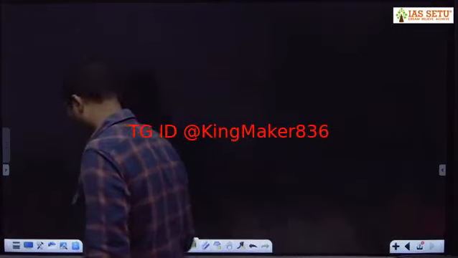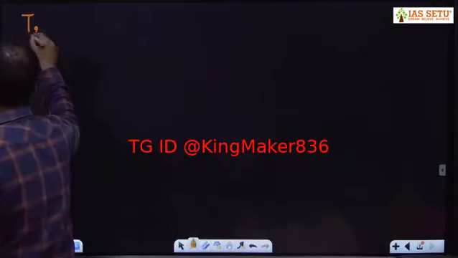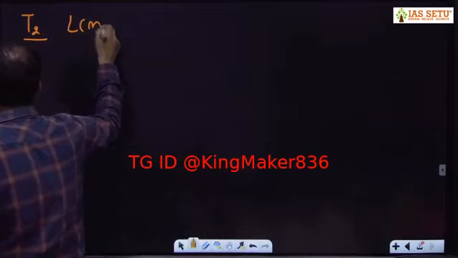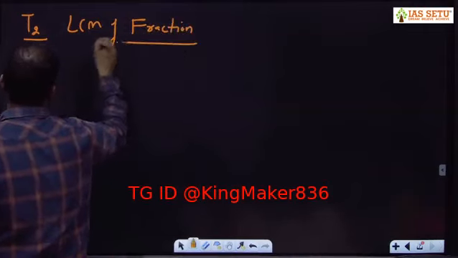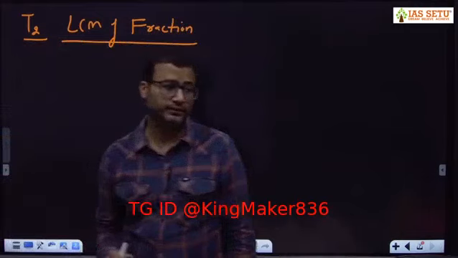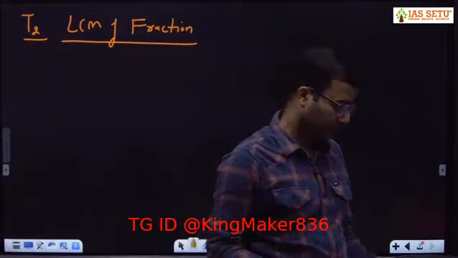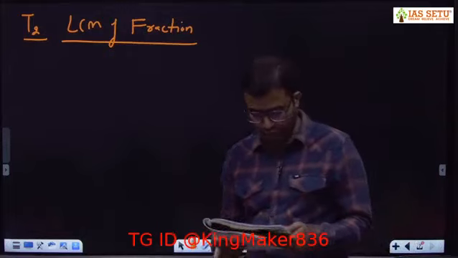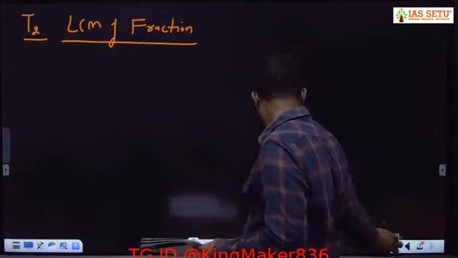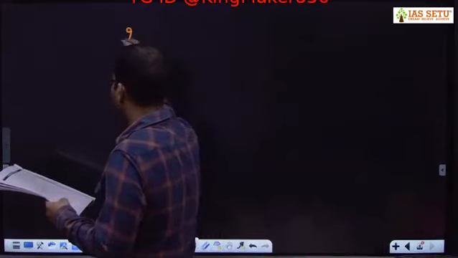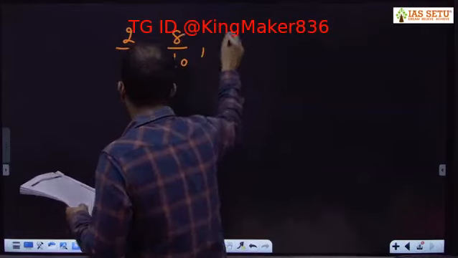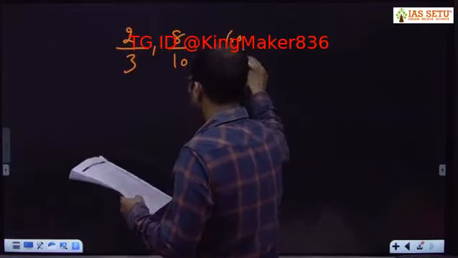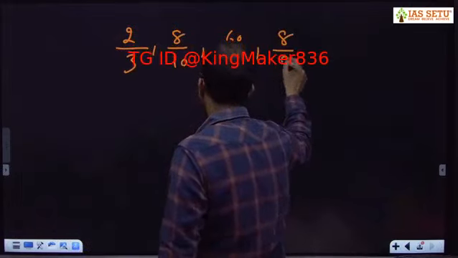Now next is type 2. Type 2 is LCM of fractions. I will solve 2 questions for you. Then I will ask you. The question is 2 by 3, 8 by 10, 60 upon 70, 8 by 9.